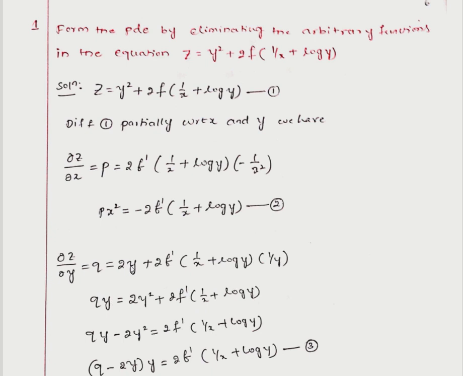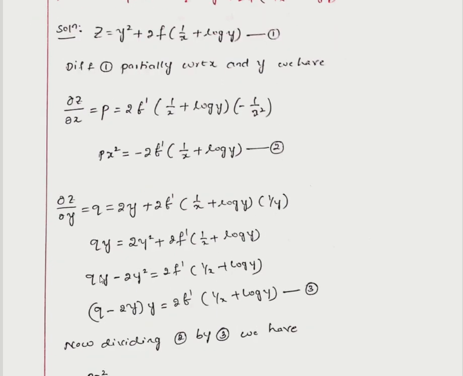Qy is equal to 2 y square plus 2 into f dash of 1 by x plus log y. Next, shifting this term, qy minus 2 y square is equal to 2 into f dash of 1 by x plus log y. In these two terms, y is the common factor, take it outside. The remaining term is q minus 2y, that is equal to 2 into f dash of 1 by x plus log y.